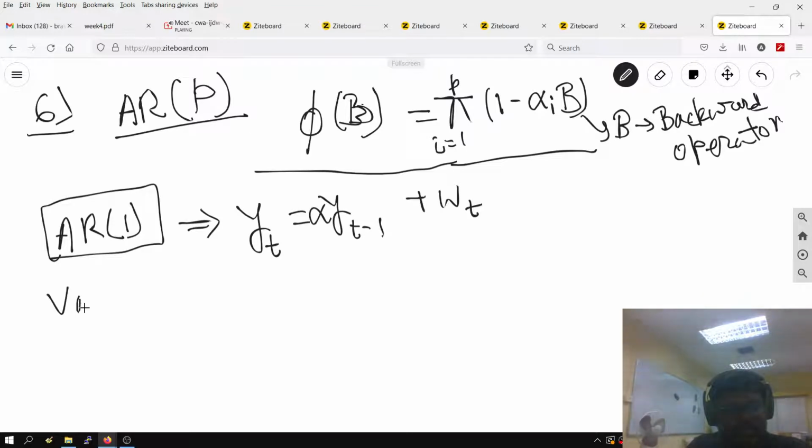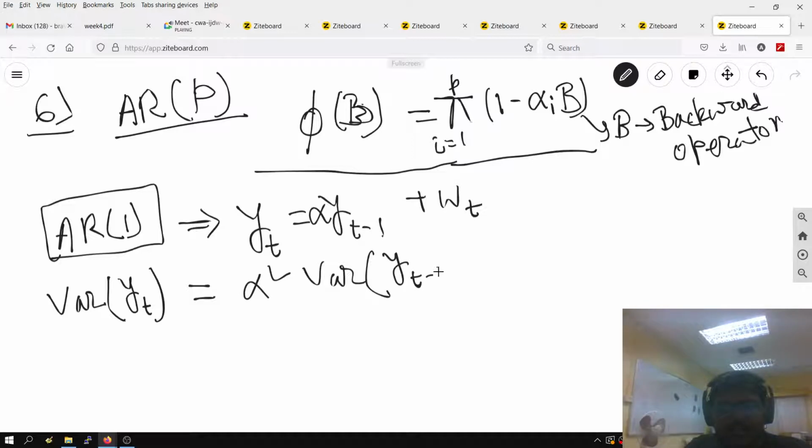What is the variance of Y_t? It is alpha square times variance of Y_{t-1} plus variance of W_t.